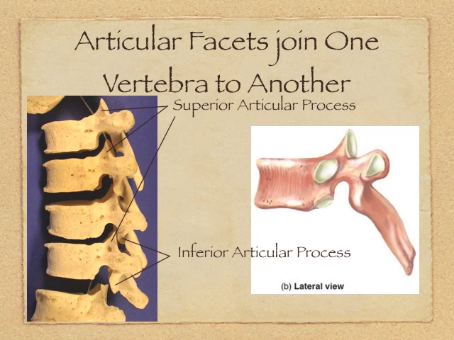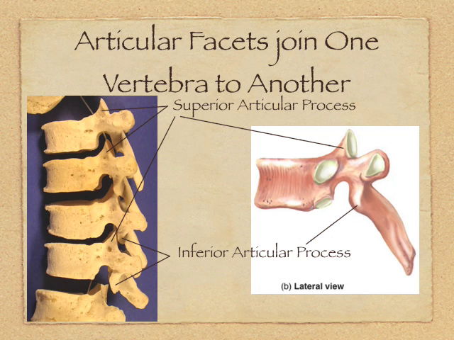So, given a vertebra all by itself without the others to meet it, there is a superior and an inferior articular process. And there's the superior process, and there of course is the inferior process.